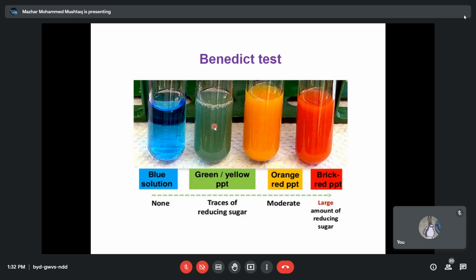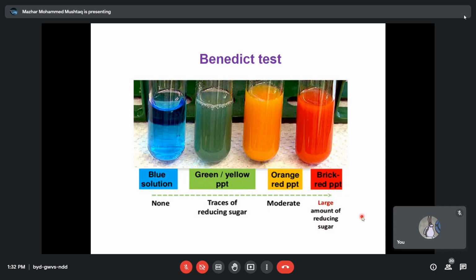If it is a green or yellow precipitate, then you can say there is some amount of sugar present, but not much. If it is orange color, that means slightly more sugar is present. So we can say this is 0, this is +1, this is +2, and if it is brick red color, that means a large amount of reducing sugar is present.